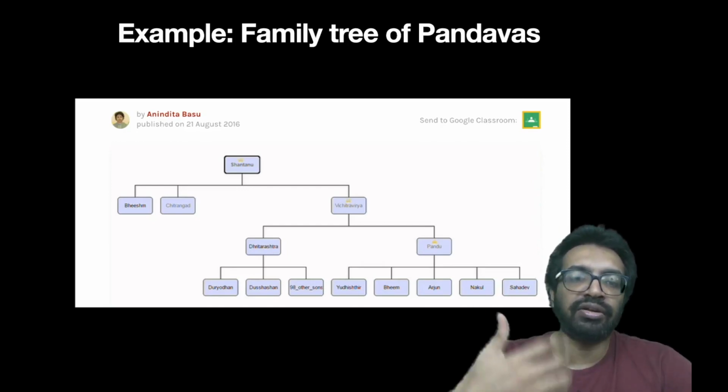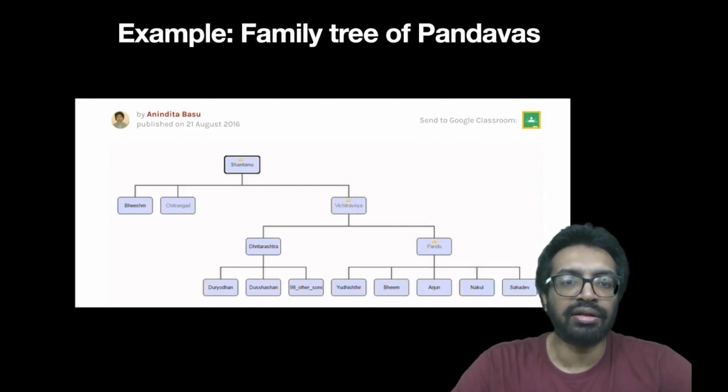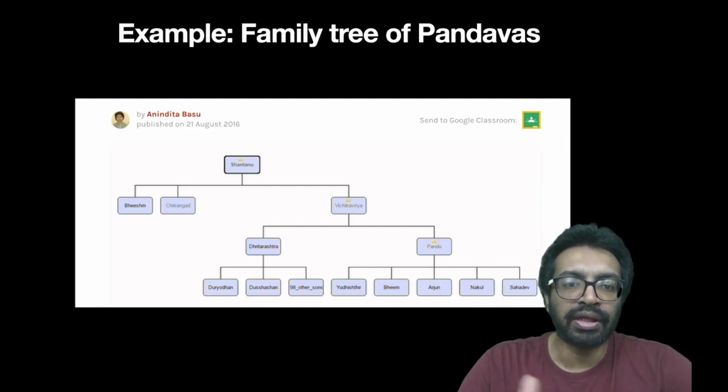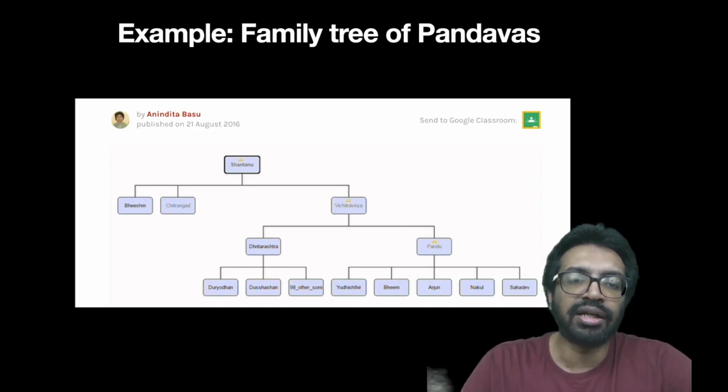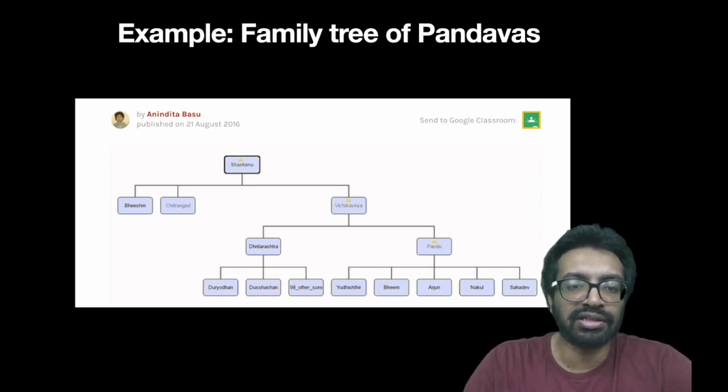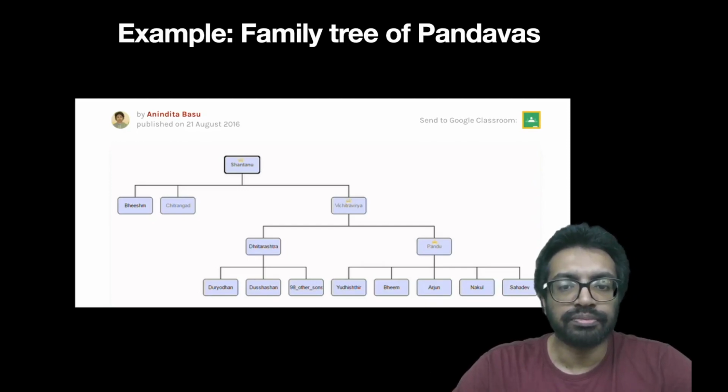So tree data structure terminology is also going to use children, parents, etc. Now Vichitravirya has two children, Dhritarashtra and Pandu. And Pandu has five children, the Pandavas.